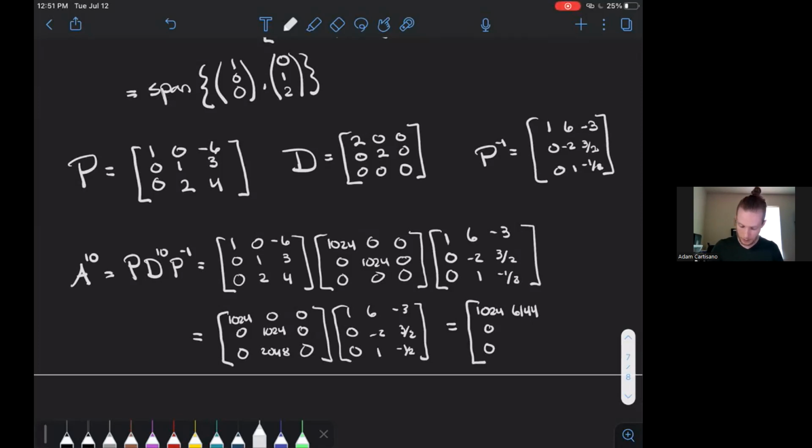Negative 2 times 1024 is negative 2048. And negative 2 times 2048 is negative 4096.